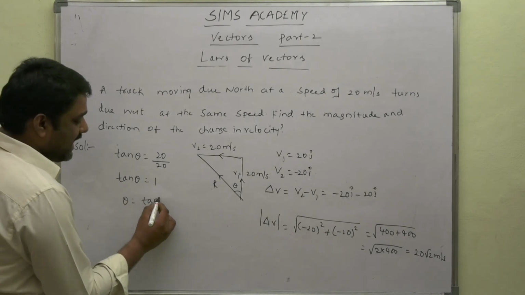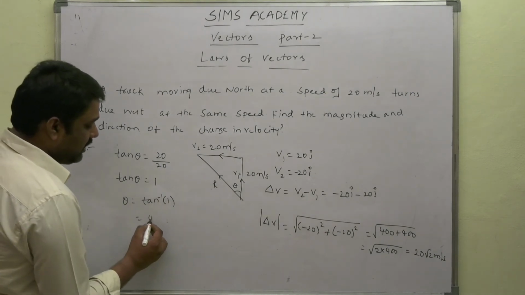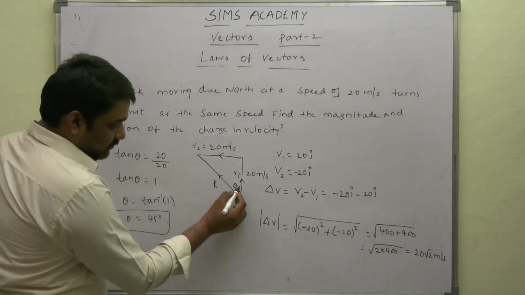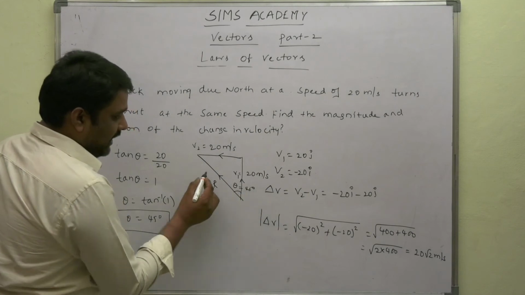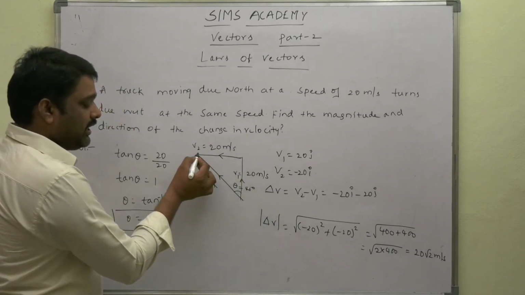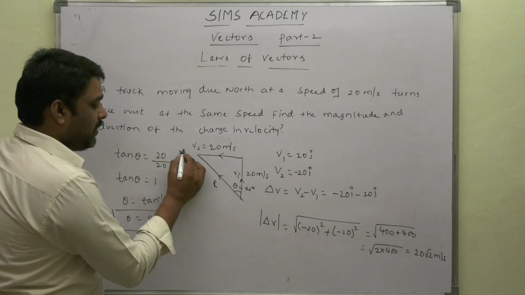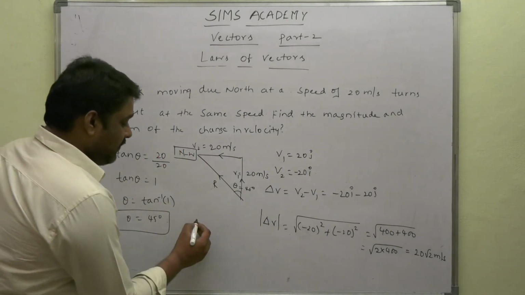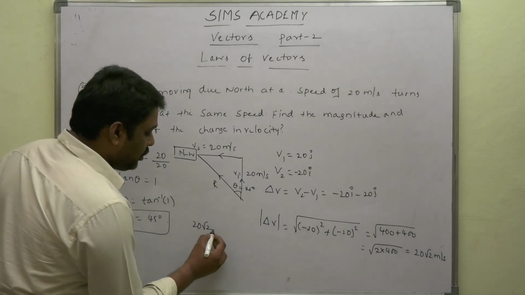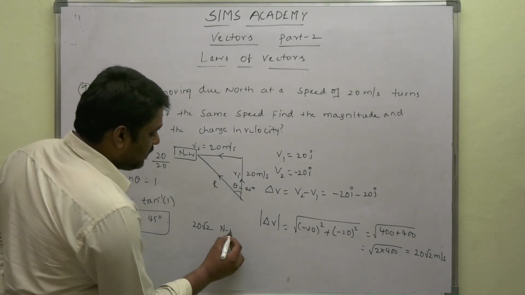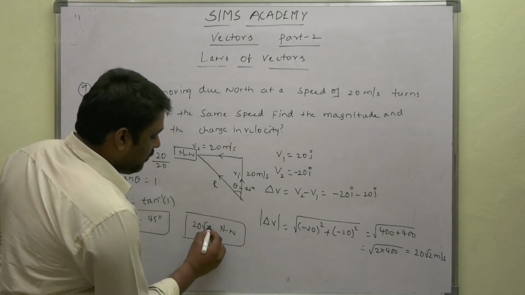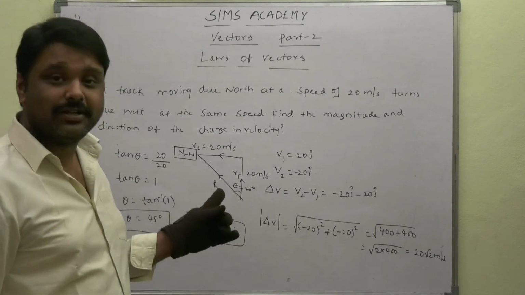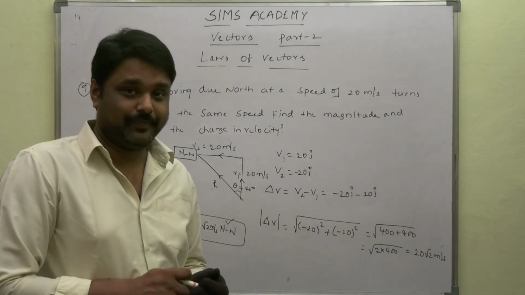Theta equals tan inverse of 1. That equals 45 degrees. That means theta equals 45 degrees, in the sense it is north, it is west, it will be northwest. That means the change in velocity is 20 root 2 meters per second in northwest direction. This is the solution. Okay?